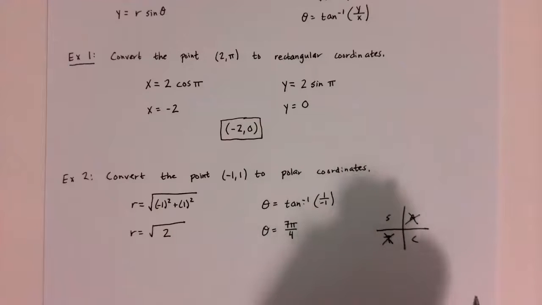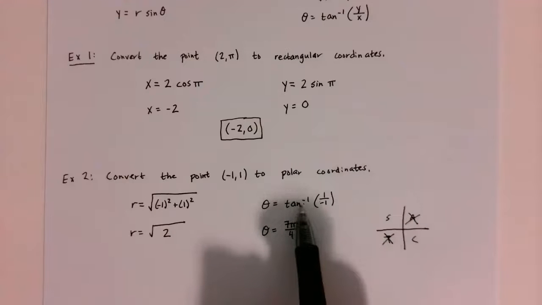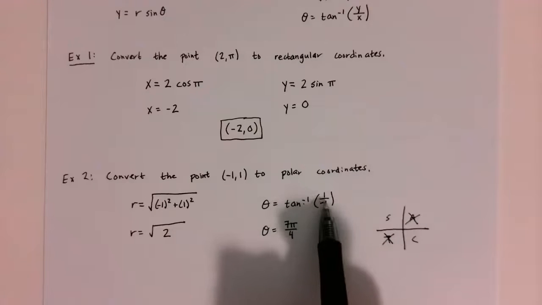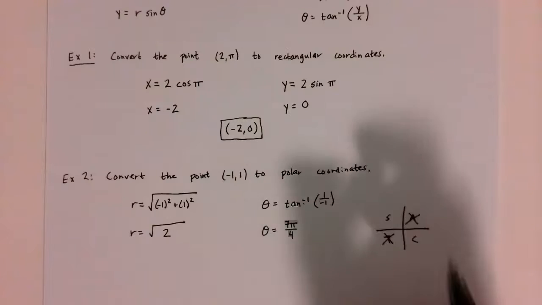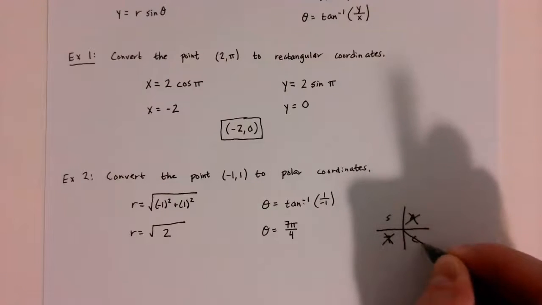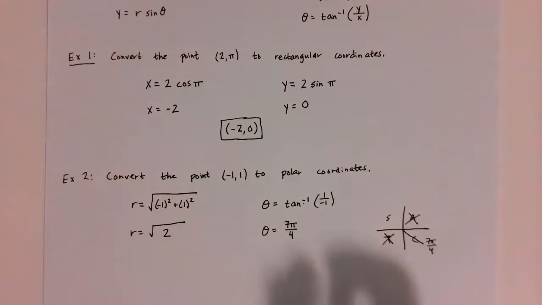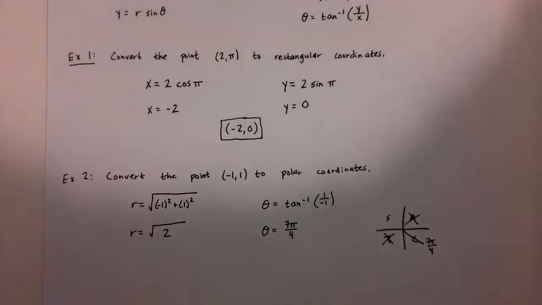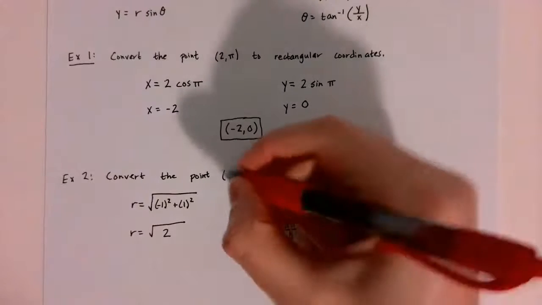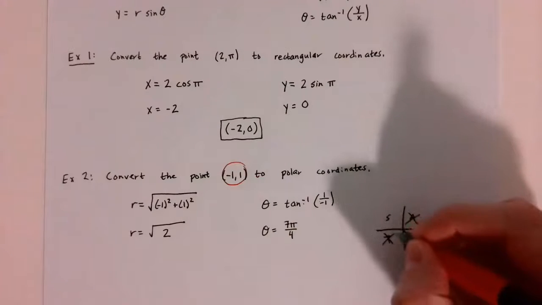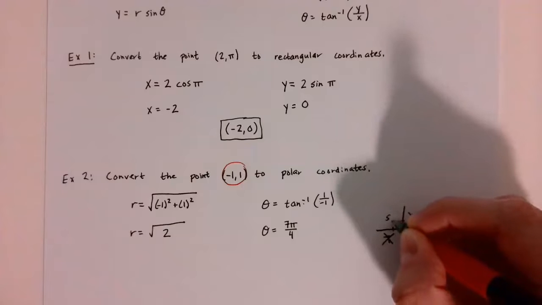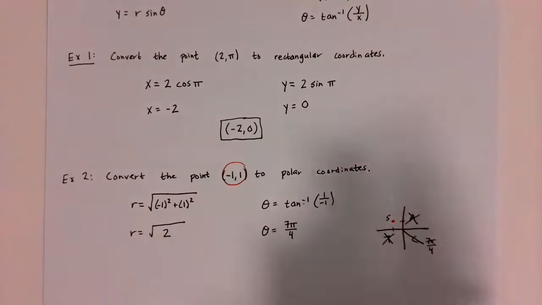So there are two places where tangent inverse of -1 gives us an angle. Now the calculator gave us the one that's in quadrant 4, 7 pi over 4. However, let's think about the problem that we're solving. This coordinate, (-1, 1), is not in quadrant 4. It's in quadrant 2.